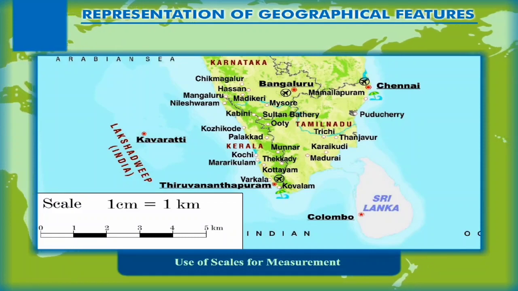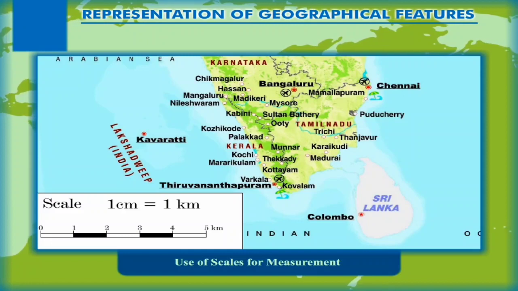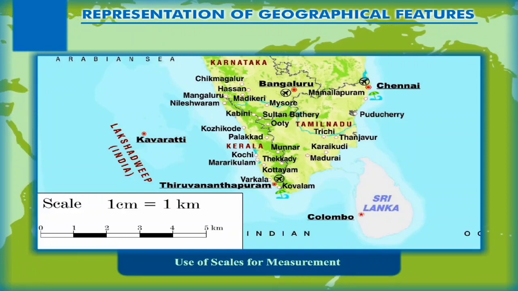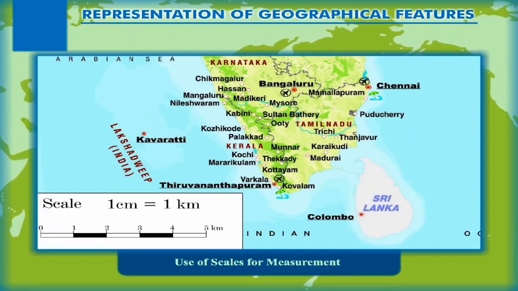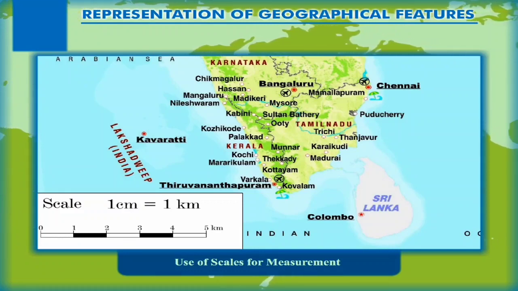The scale on the map shows how many smaller units such as centimeters or inches on the map represent how many kilometers or miles on the ground.